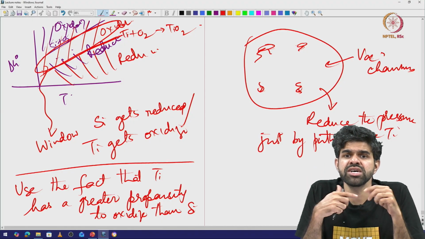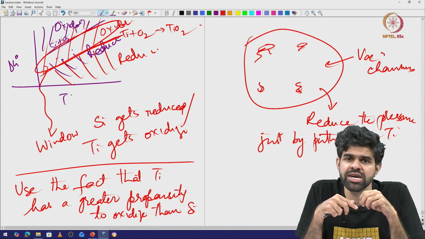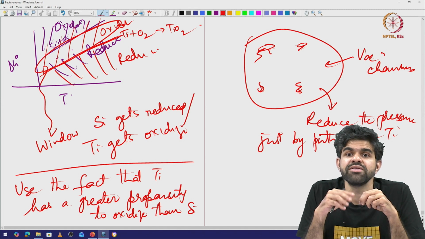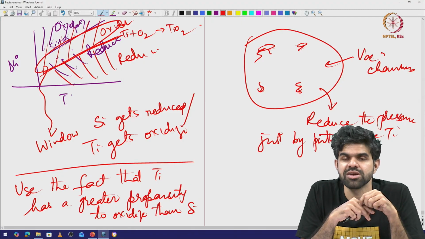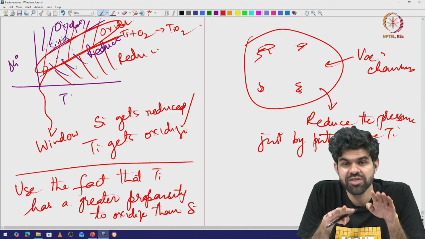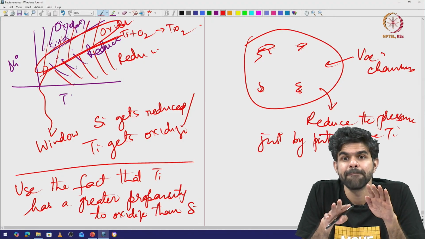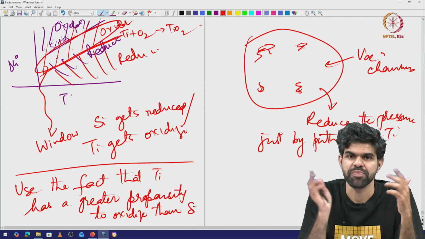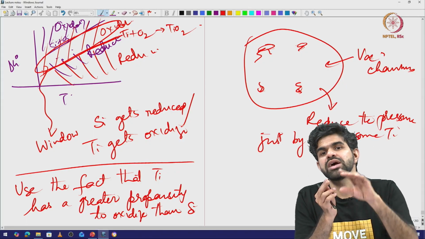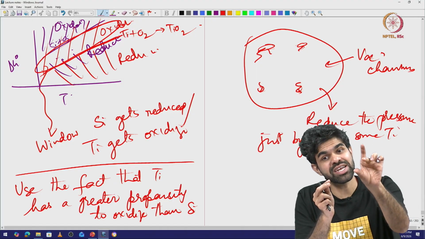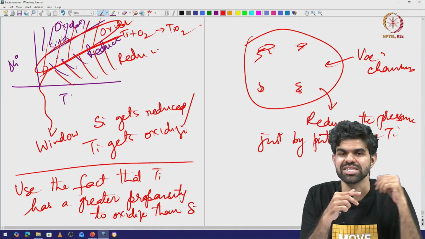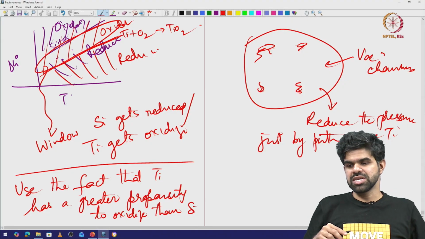I can say delta G naught for aluminum to oxidize at room temperature is minus, whatever, 1000 kilojoule per mole, whereas for silicon it is just minus 500 kilojoule per mole, which means both of them have propensity to oxidize, but aluminum more so than silicon, and this is what Ellingham diagrams say. There is a window where silicon is still getting reduced, but aluminum will get oxidized, and that translates into rates of oxidation and things like that.